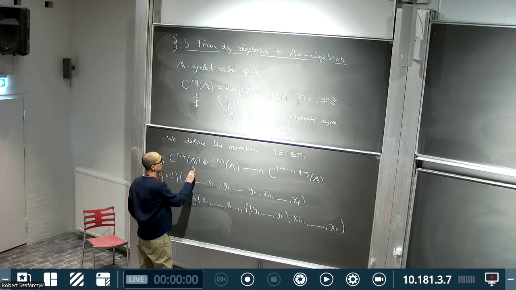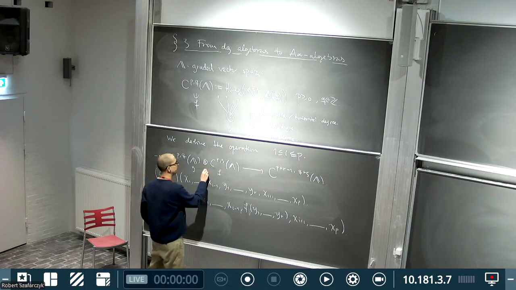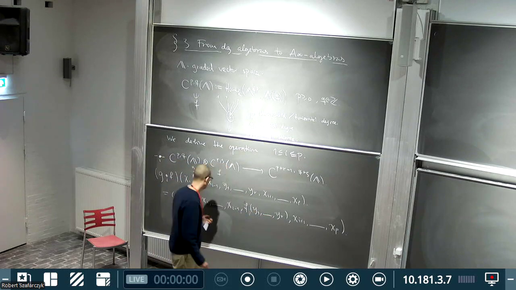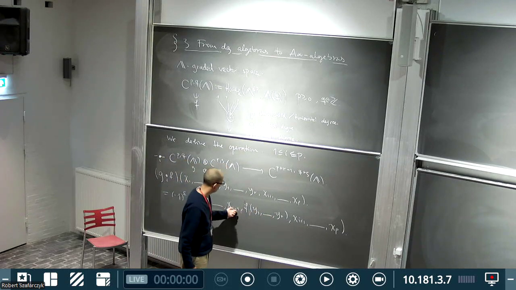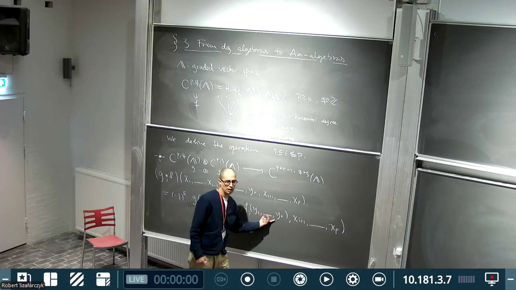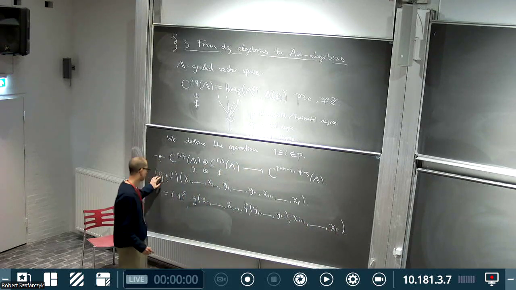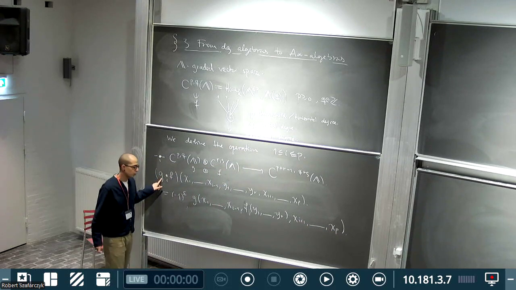So g is here and f is here, right? I combine these r inputs into a single input. Then I'm left with x_1 up to x_{i-1}, and x_{i+r} up to the remaining inputs, on which I can apply the operation g.